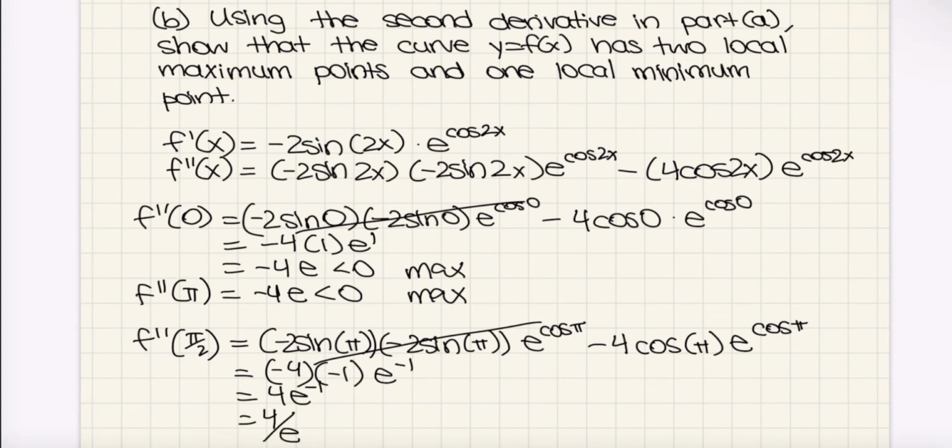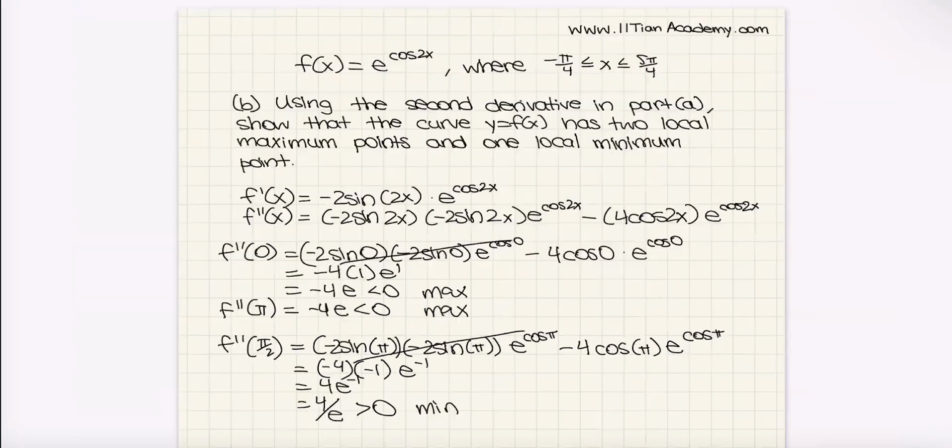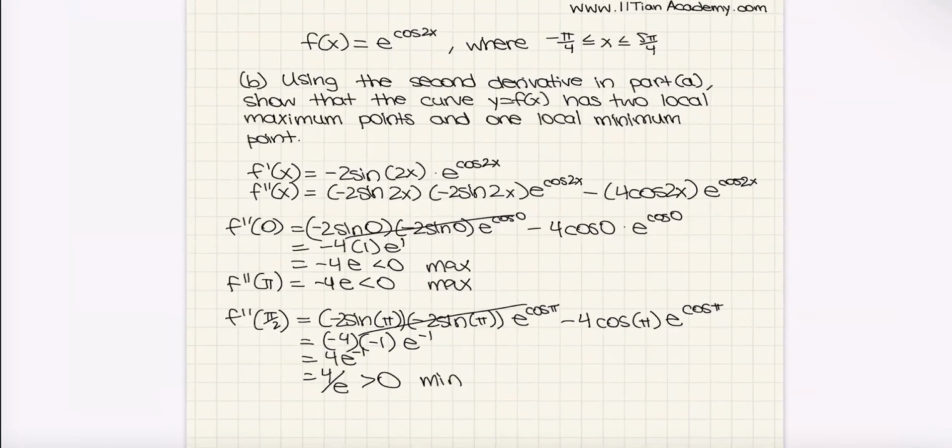So 4 over e is greater than 0, because e is just a positive real number. And so therefore this is a minimum. So this shows what they wanted us to show, which is that there are two local maximum points and one local minimum point.